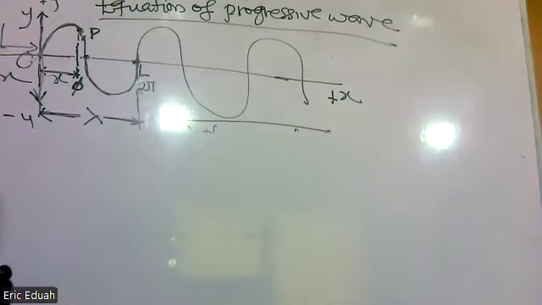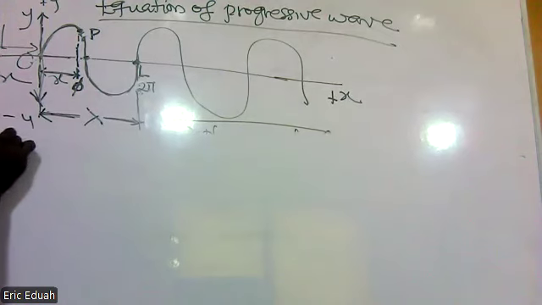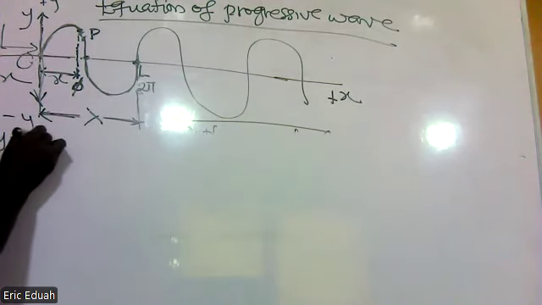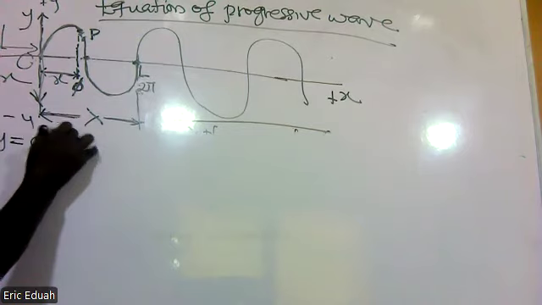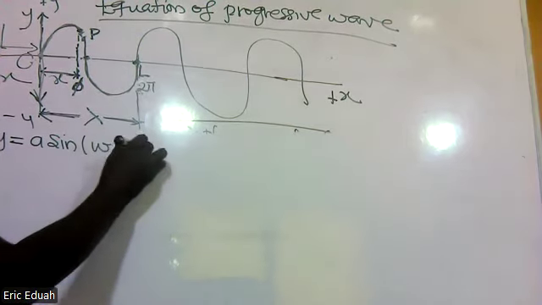So the basic form of progressive wave equation is y is equal to a sine omega t minus kx.